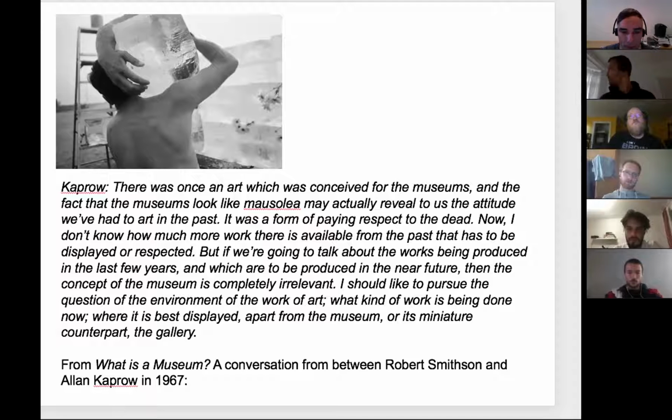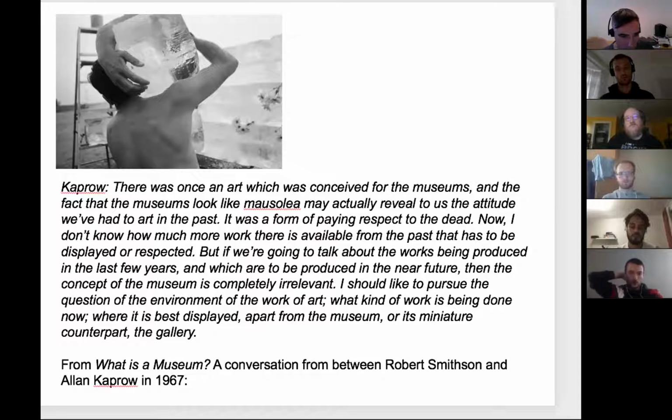I don't know if you can see this particular quote, but this is not specifically in this text; Kaprow is used as a figure. He was an American artist who worked primarily in the Los Angeles area in the 1960s and 70s, associated with performance and specifically the happenings movement. If you haven't encountered Allan Kaprow before, that's who he is.